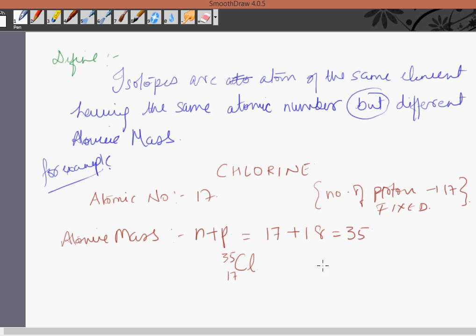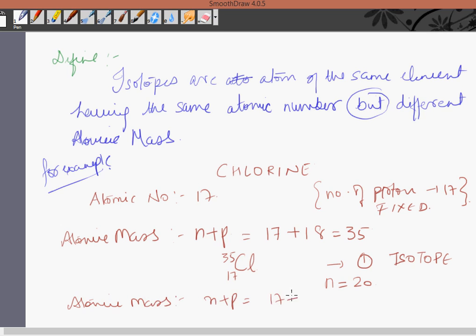And chlorine has one isotope, one similar element with a different number of neutrons, which is having N as 20. So what is the new atomic mass of its isotope?